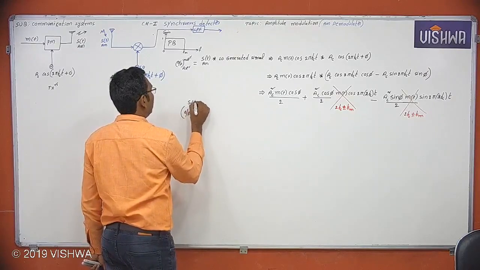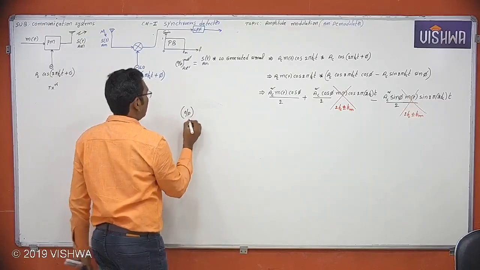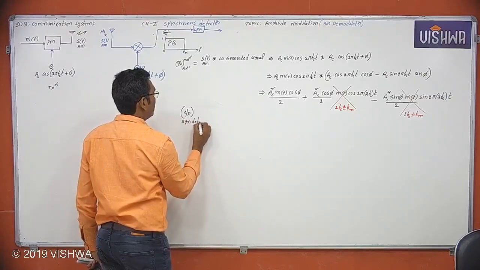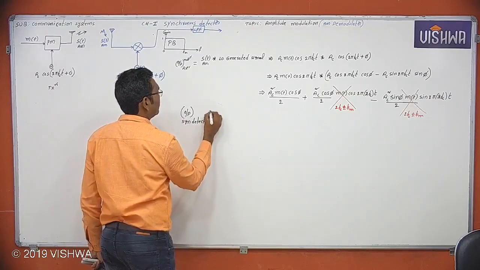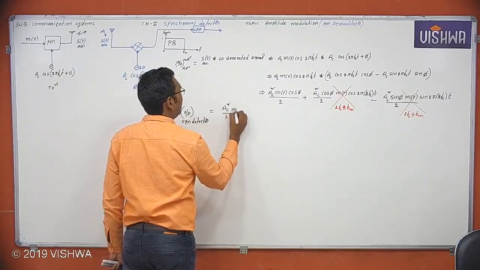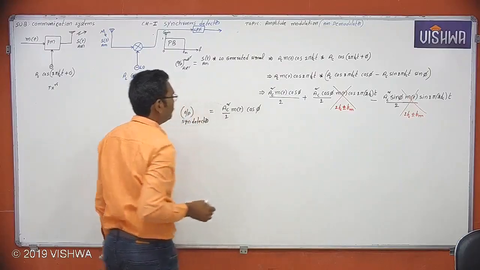The output of the synchronous detector is AC square by 2 m of t into cos phi, where there is a phase shift of phi.